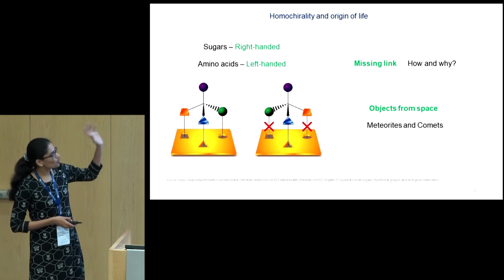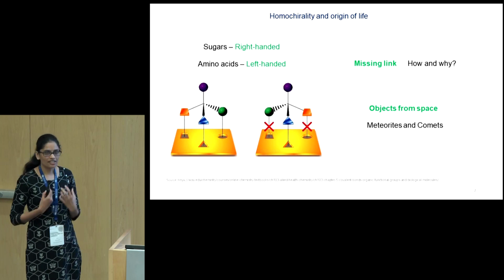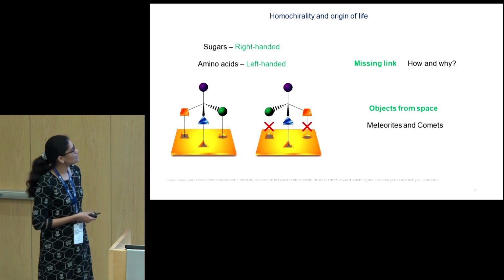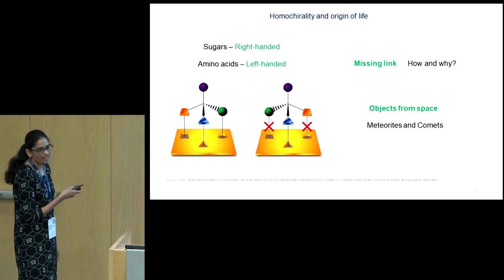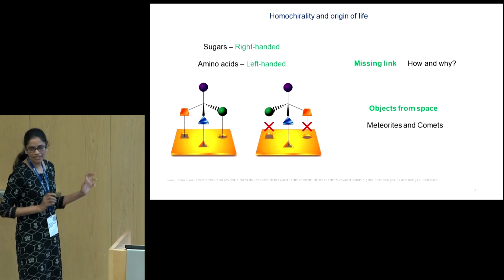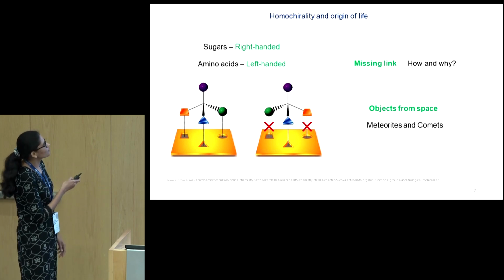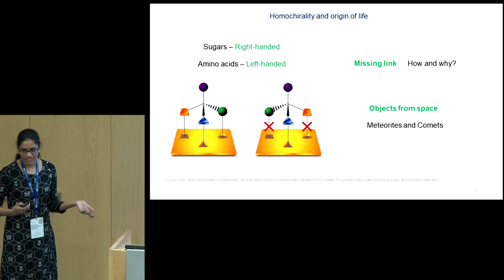Why this homochirality is important is that all the functions, in the sense of activities performed in our body, depend on this. You can see in the picture here, consider this as an enzyme having different binding pockets, and this as a molecule with handedness, and assume that when this fits into these pockets, it leads to some activity.